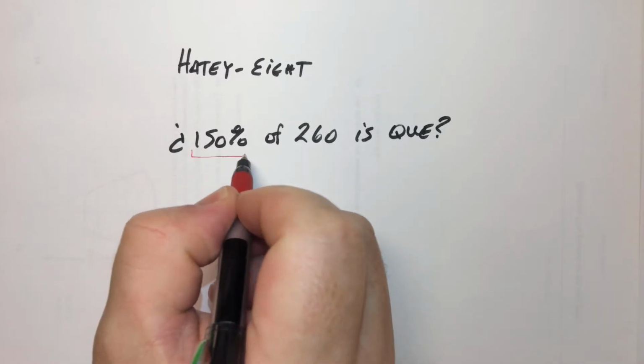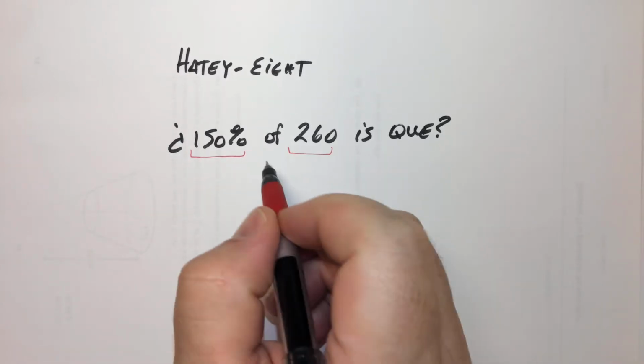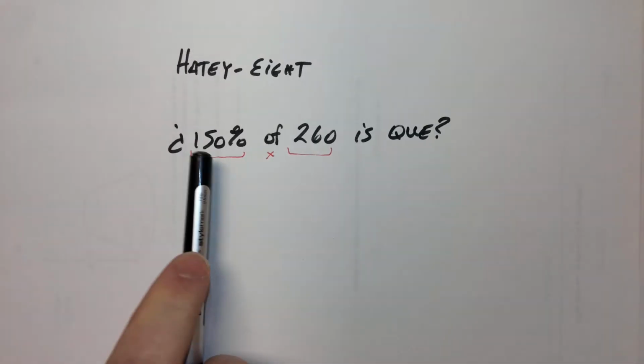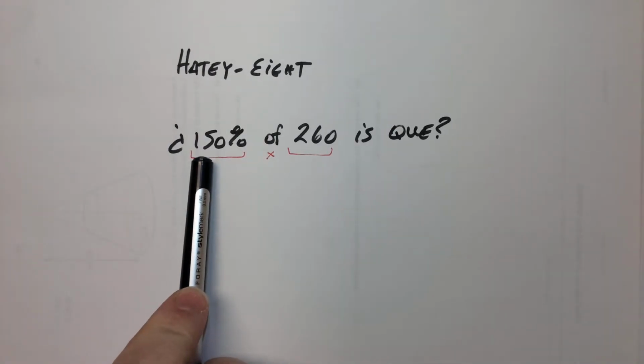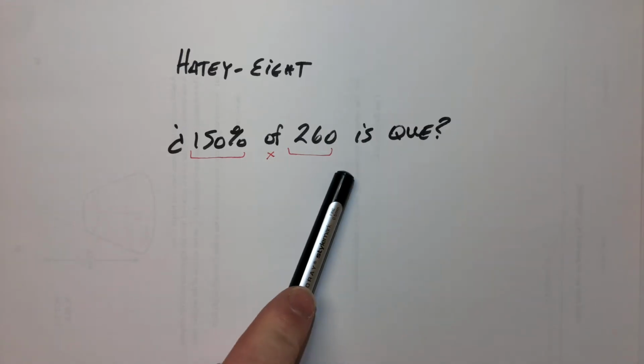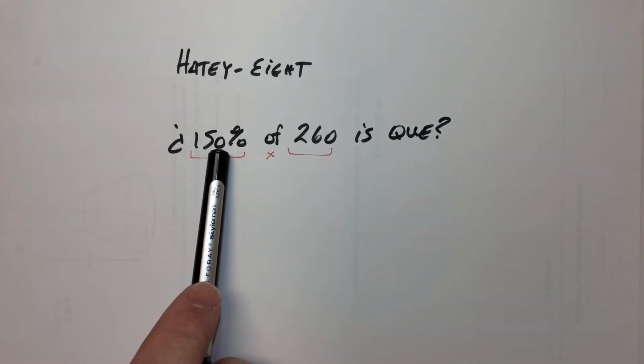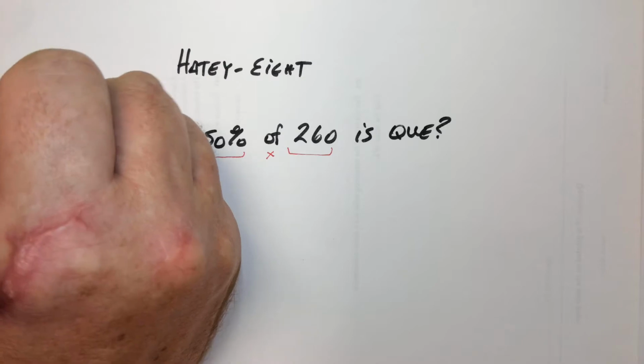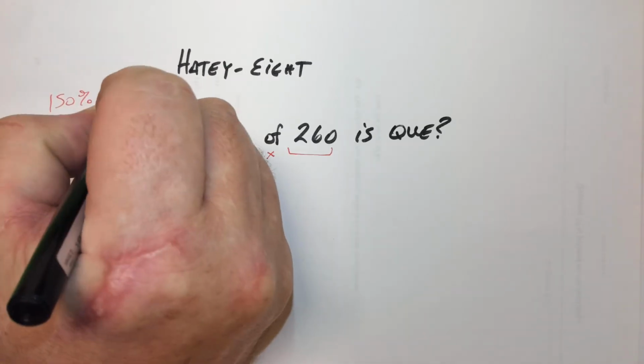We're taking a percentage of a number, and "of" is one of the few words that always means the same thing in math. It just means multiply. So 150% is more than 100%, so my answer is going to be more than 260. In fact, it's going to be 1.5 times, because if I change 150% into a decimal, I get 1.5.